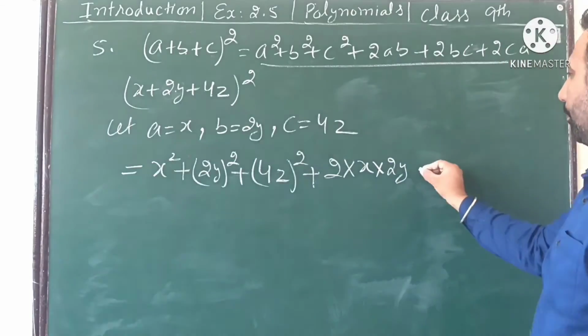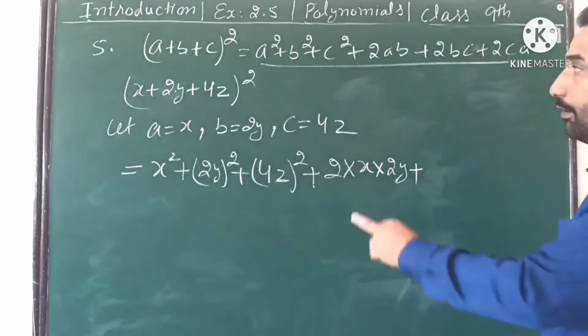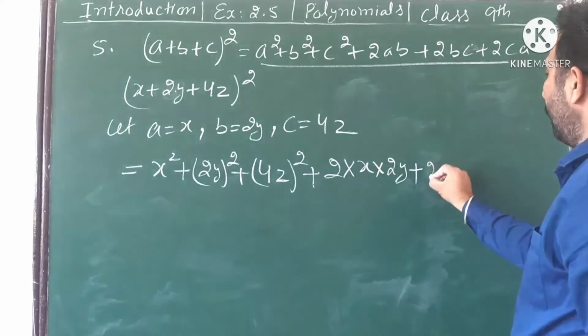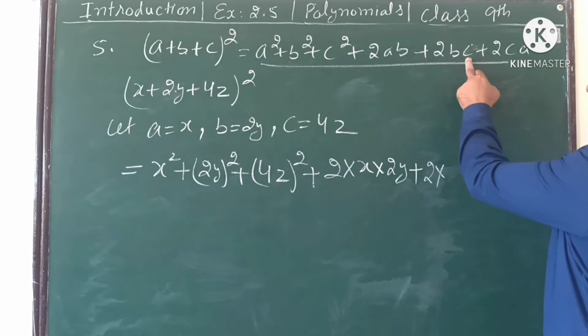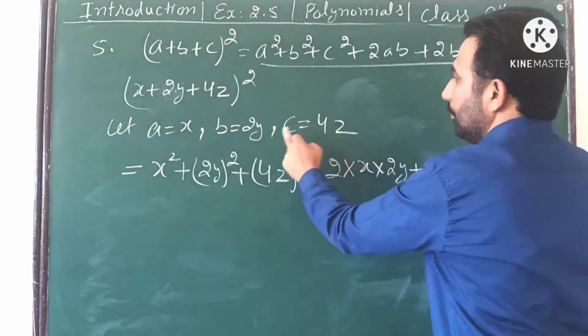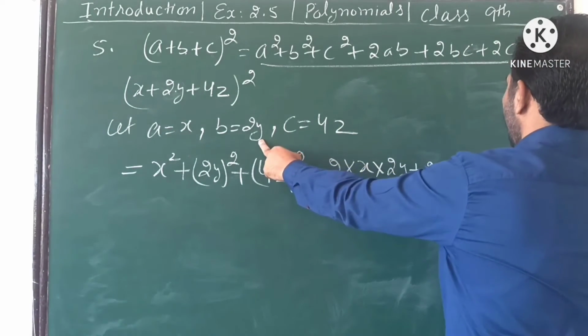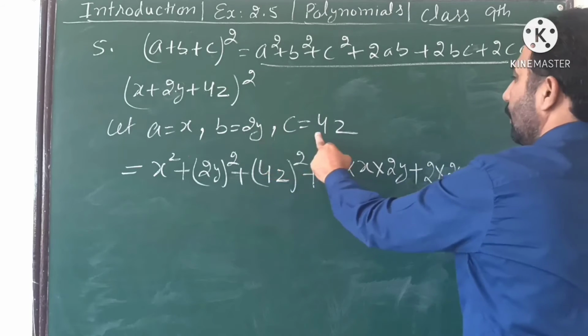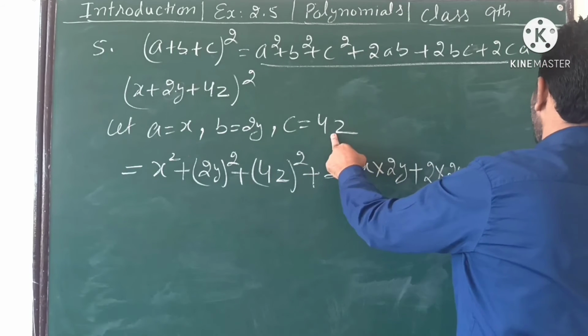Okay, then again plus, then 2 as it is I will write, and b multiply c, value of b is 2y and value of c is 4z.